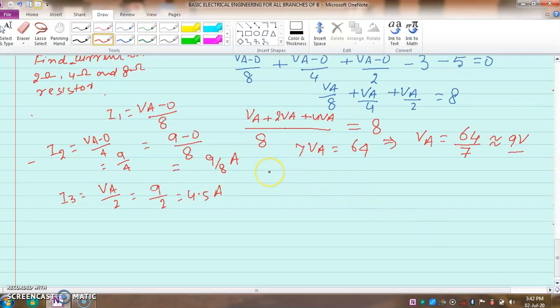Another more interesting thing that I will also discuss is how you can find the voltage between any two elements of a circuit. Suppose I am writing here one question.